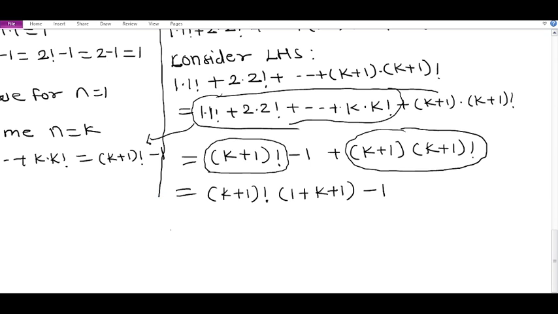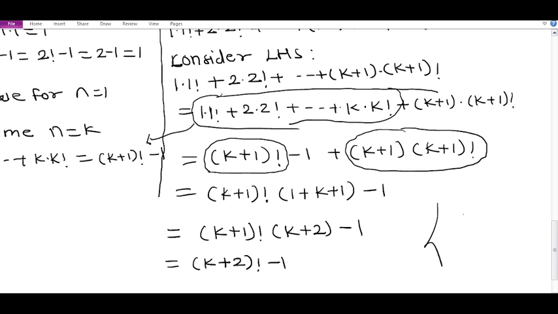If you simplify, this is equal to (k plus 1) factorial into (k plus 2) minus 1, and we know that this is equal to (k plus 2) factorial minus 1, since 3 factorial into 4 is nothing but 3 into 2 into 1 into 4, which is 4 factorial.